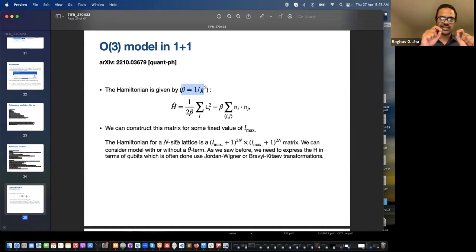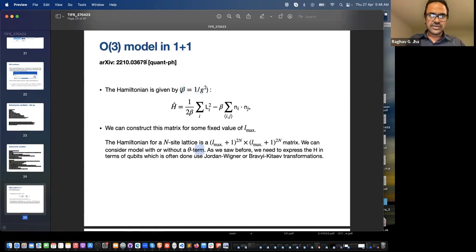So if I have a lattice of n sites, the size of the Hamiltonian is L max plus 1 to the power 2n times the same number. It's a square matrix.